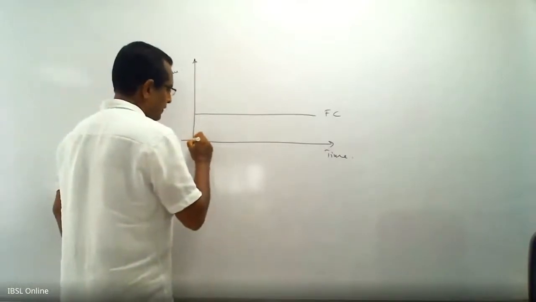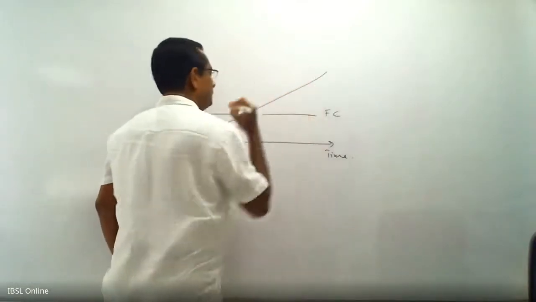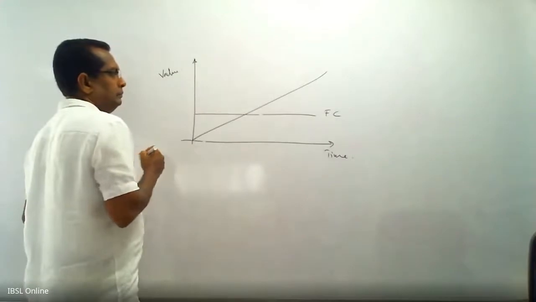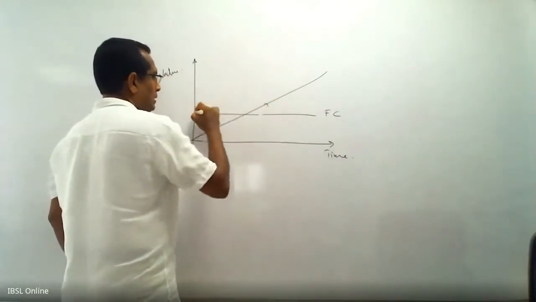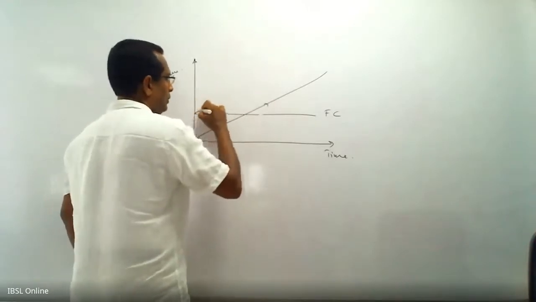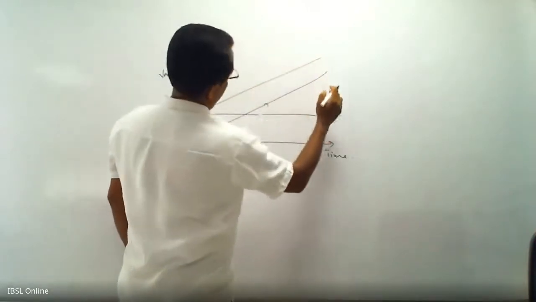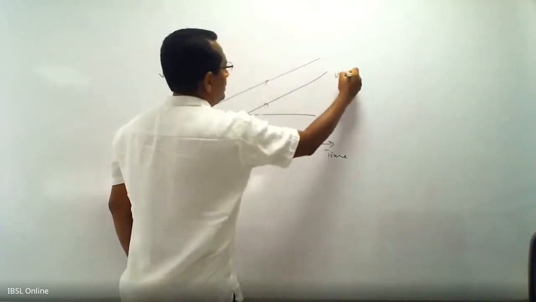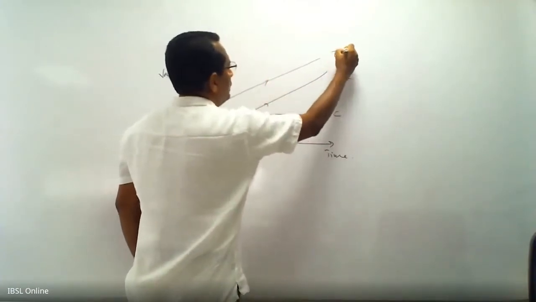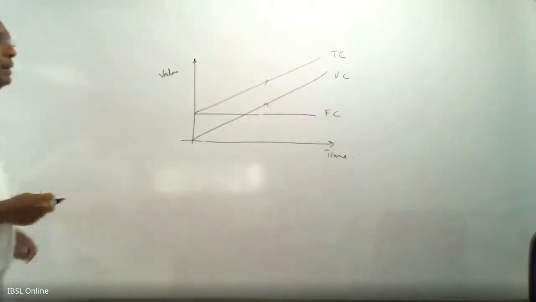Then we have variable cost. Right? You can bring the same thing here. So it will be parallel lines. This is variable cost. This is total cost. Right?